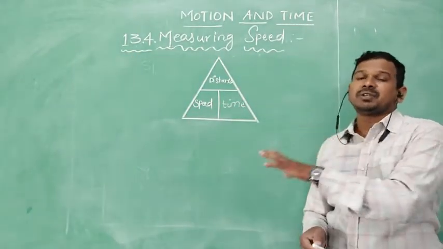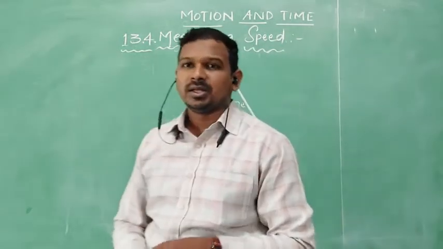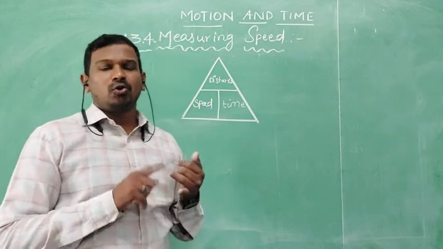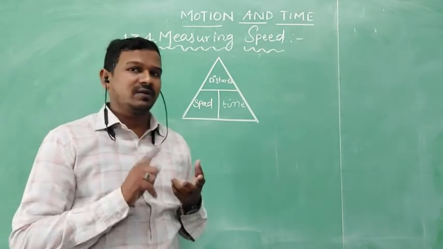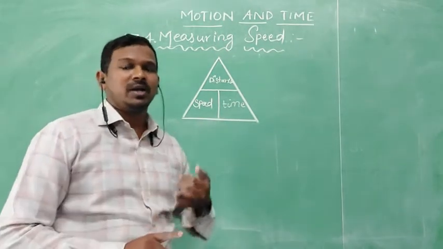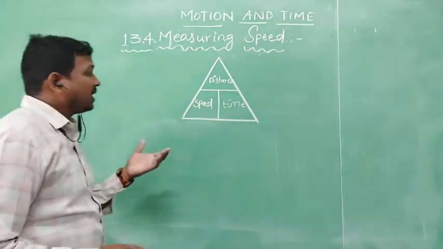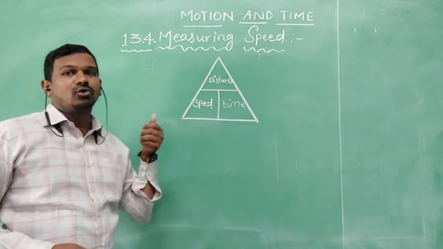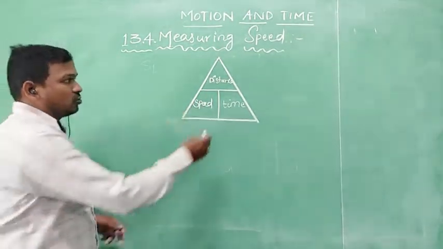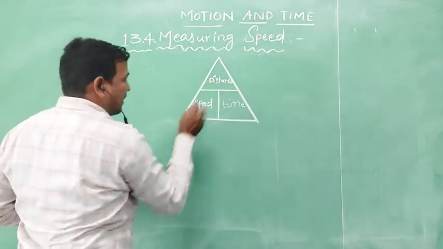Now from this pyramid, I am going to write 3 formulas. For example, if given the time and speed, how to calculate distance; like this, related quantities, how to calculate. From this pyramid, speed is equal to distance by time.